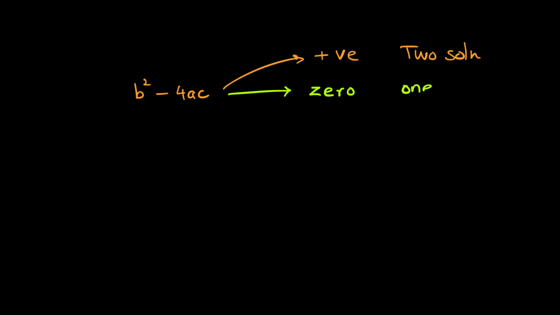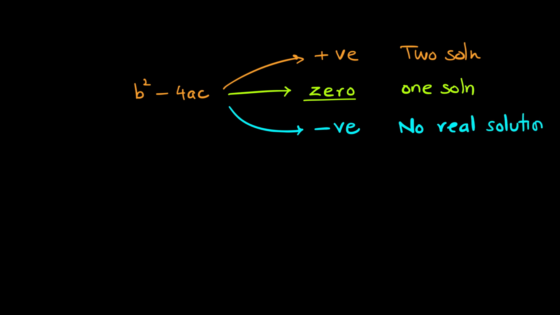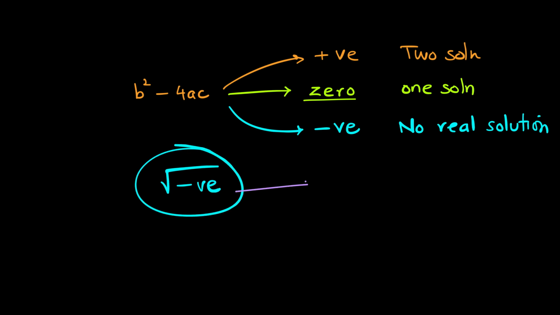We end up with one solution because the square root of 0 is 0. What if b² minus 4ac is negative? We say there are no real solutions because we cannot take the square root of a negative number. That is what we have studied so far.